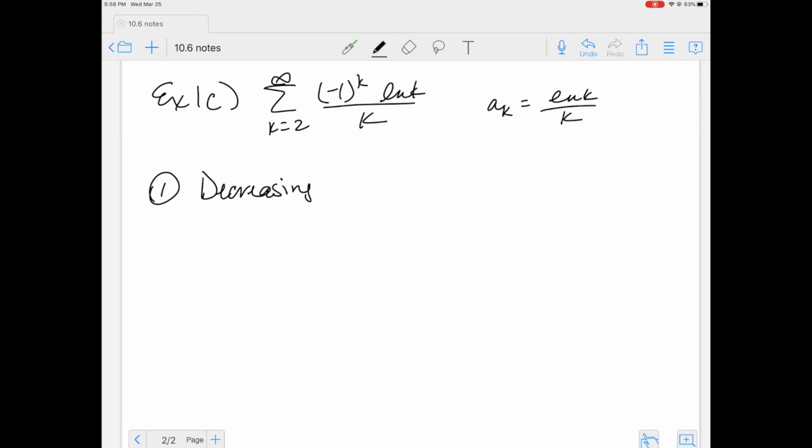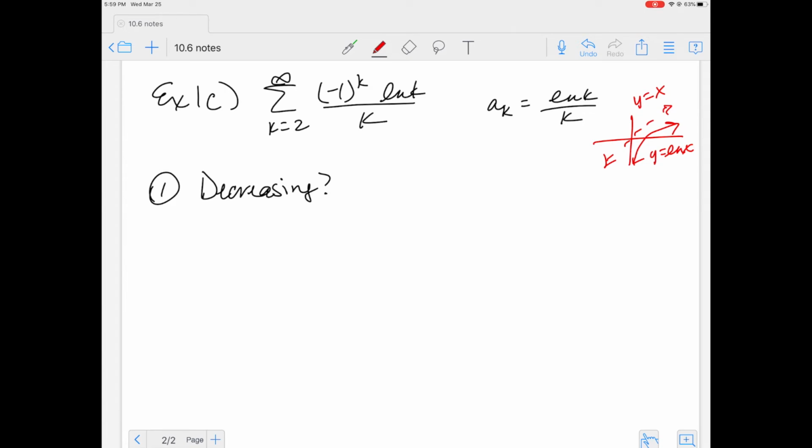Now, this isn't a polynomial, right? If I'm looking at this, this is not a polynomial. So what is another way to determine this? Whether the denominator grows faster than the numerator. Here is my natural log function, here is my identity function.